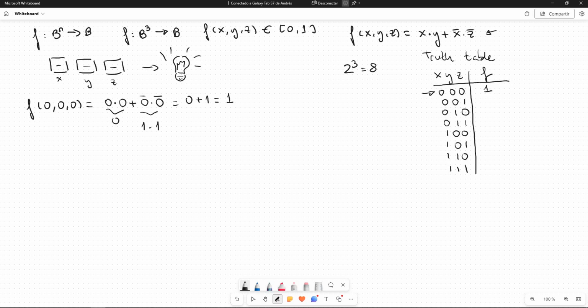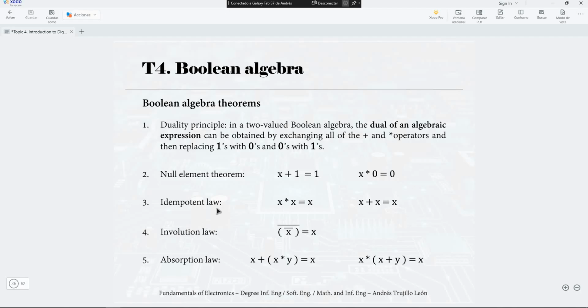For example, for the combination 5. 5 in binary is 1, 0, 1. We replace the values in the function, and we have the following. This is 0 using the null element theorem. Something multiplied by 0 is 0.